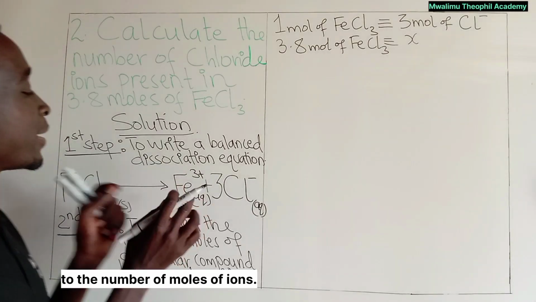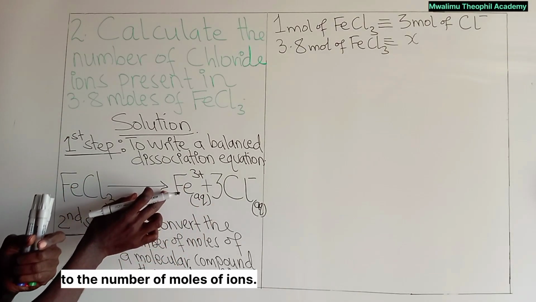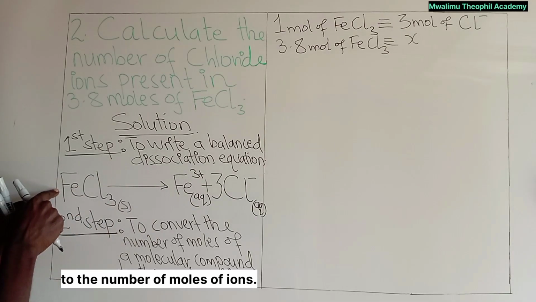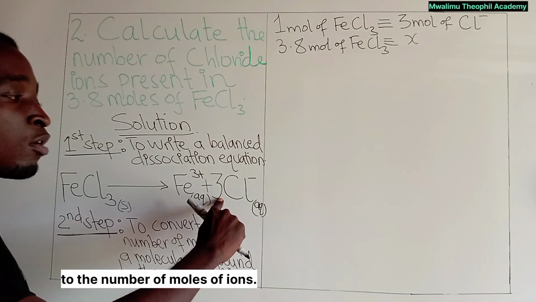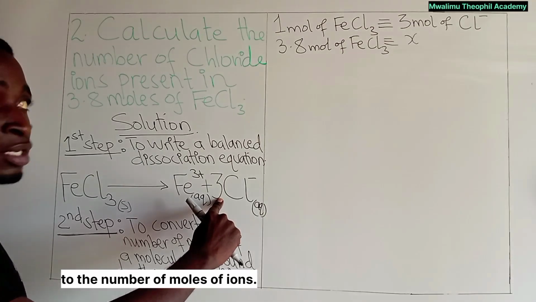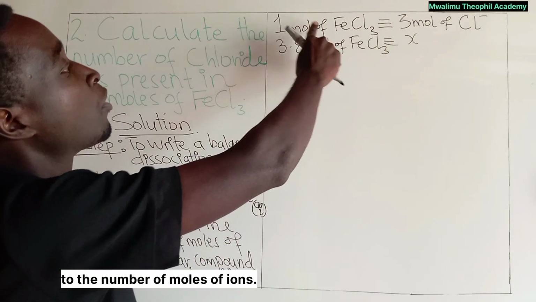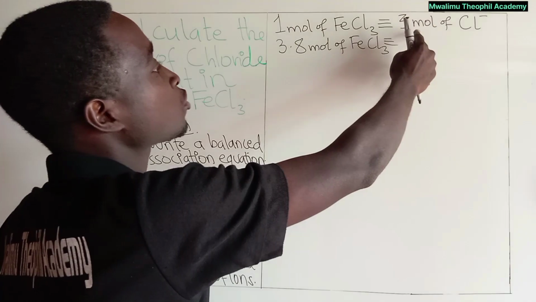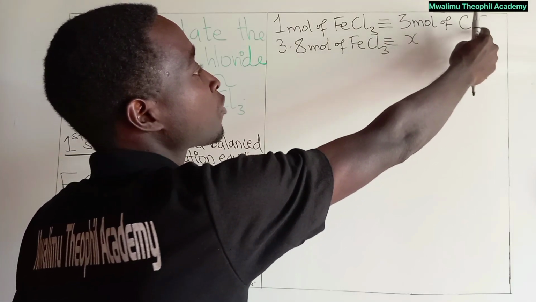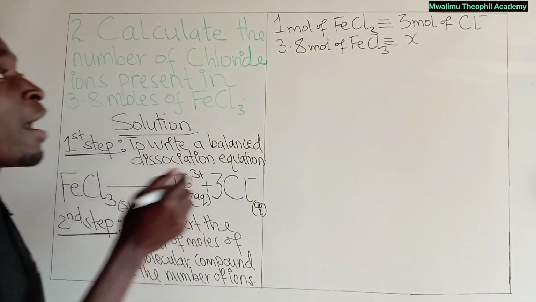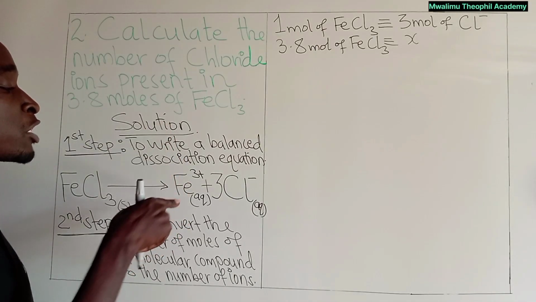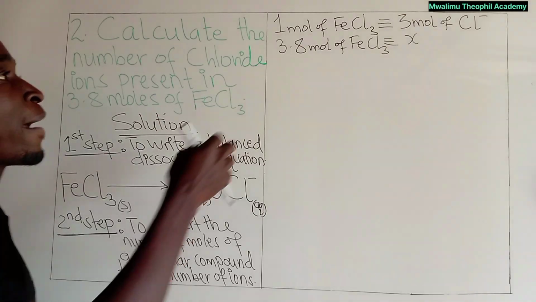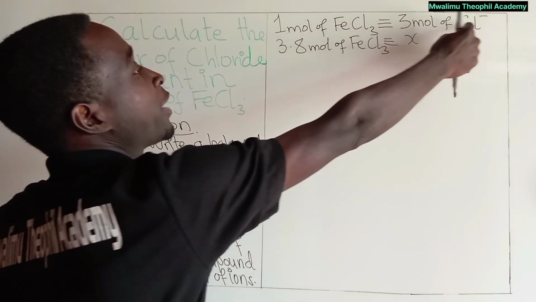So, from the balanced dissociation equation, we find that 1 mole of iron 3 chloride is equivalent to 3 moles of chloride ions. That is why I have written here that 1 mole of iron 3 chloride is equivalent to 3 moles of chloride ion. In this ratio, I have not included the iron 3 ion because we are not asked to deal with iron in our question. That's why I have dealt with only the chloride ion.